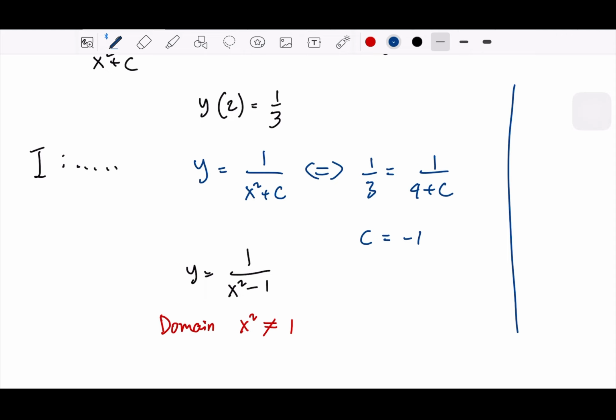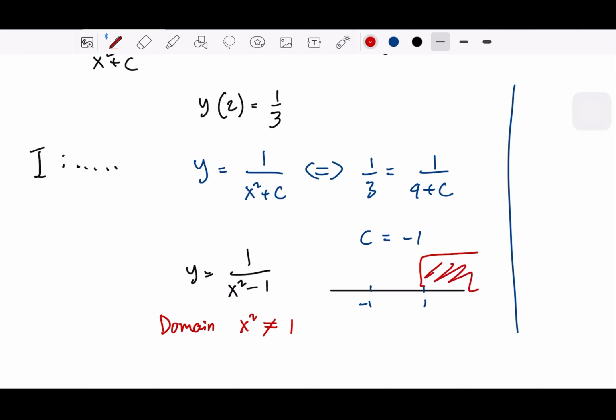If you draw the number line, 2 is around here, right?